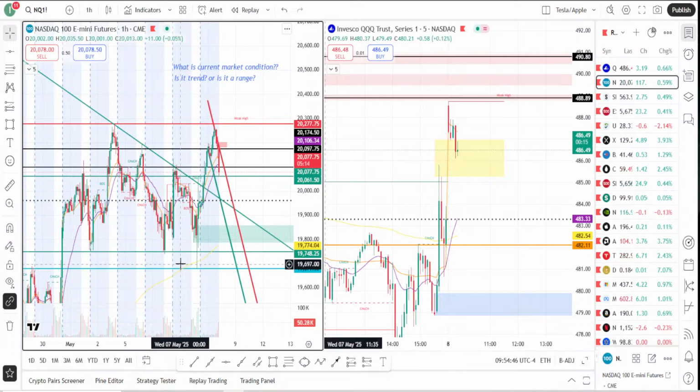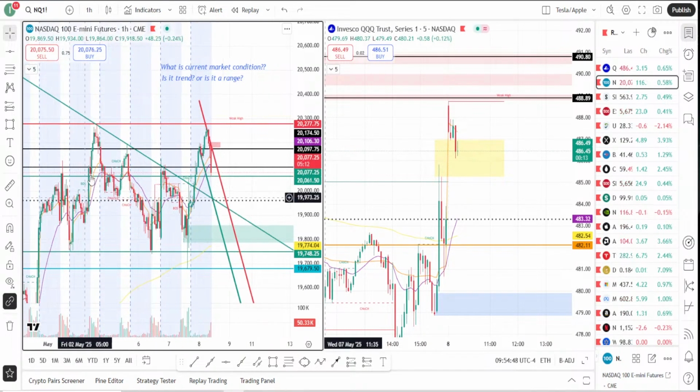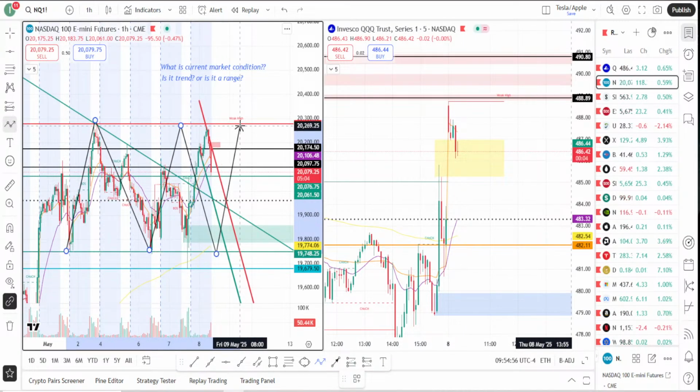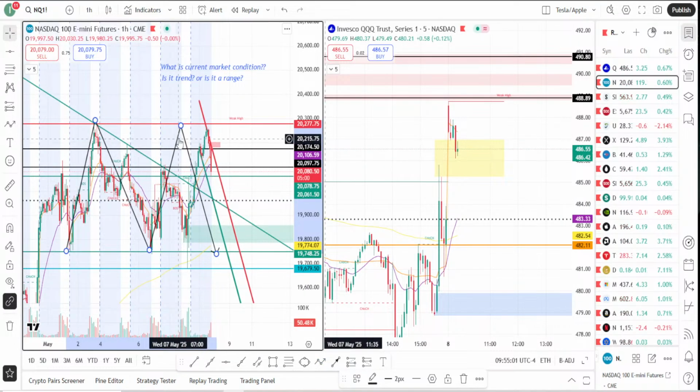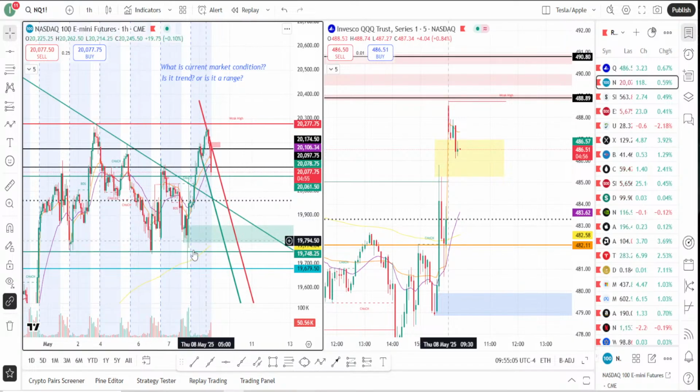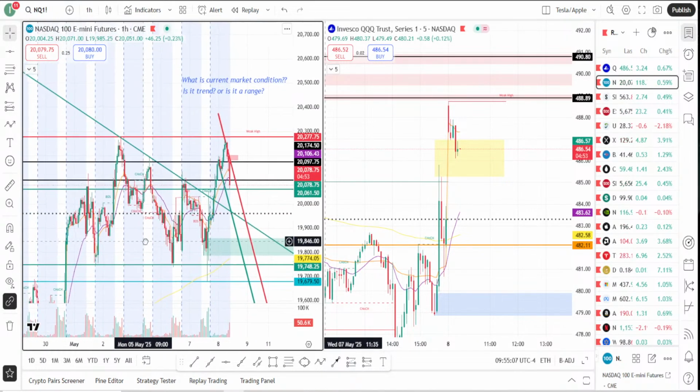And the range is gonna keep price bouncing up and down here. So if we are going down, we want to look at what price did in the past.